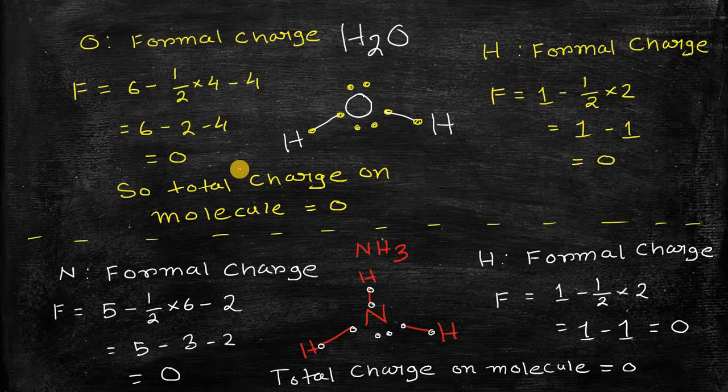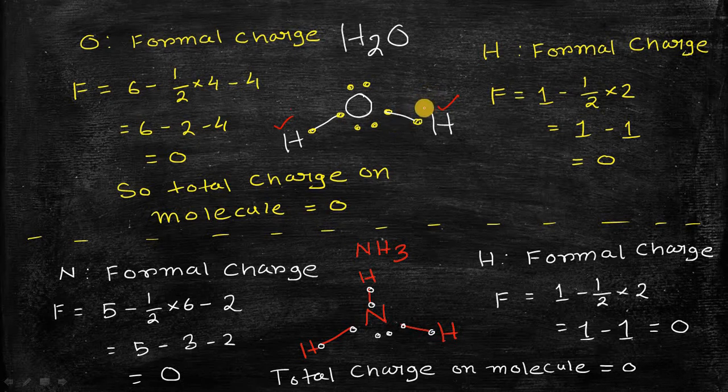Now let's take an example of another molecule, that is the water molecule. As you can see, in the case of the water molecule, the central oxygen is bonded with two hydrogen atoms. These two hydrogen atoms are similar, so the formal charge of this hydrogen atom will be exactly equal to the formal charge of the other hydrogen atom.